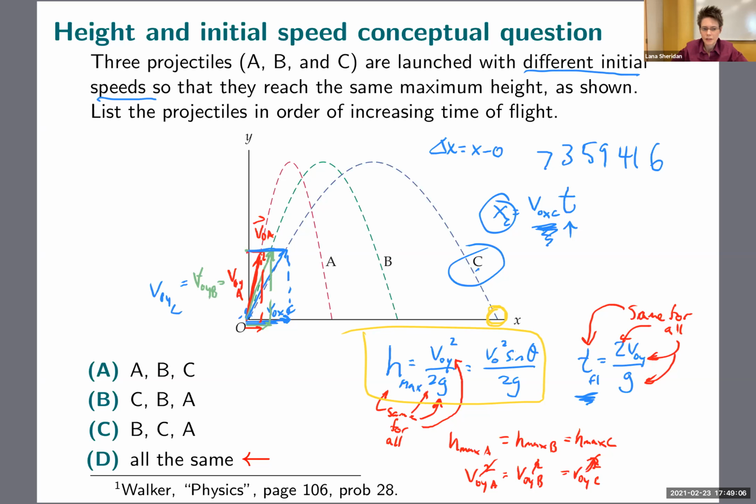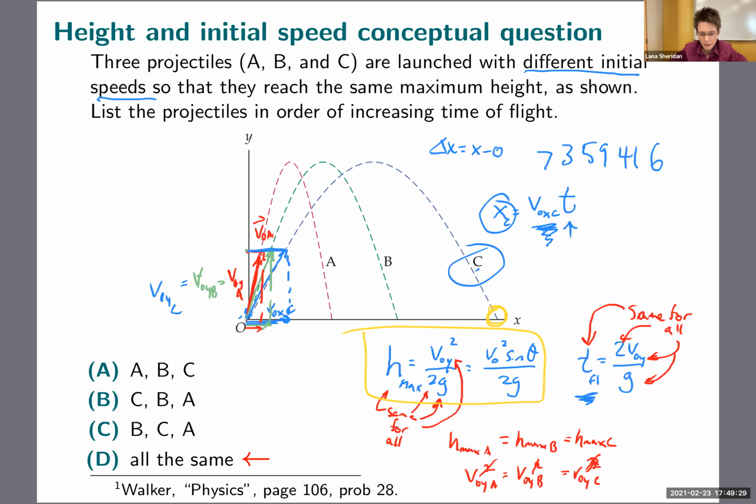Okay, well, while I wait, I'm just going to repeat what I was saying. They do follow different paths. That's absolutely true. I do not dispute that the parabola for A looks very different than for B than for C. I absolutely agree with that. But it is possible that they can all have the same y component of initial velocity. They have different x components. They are launched at different speeds and different angles.